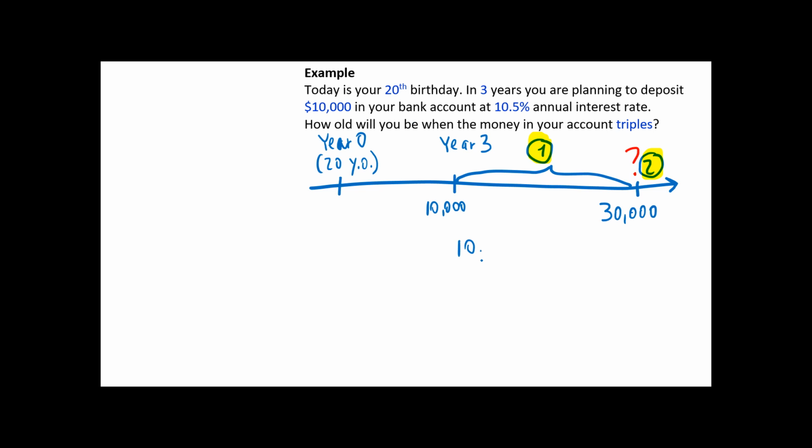So $10,000 times 1 plus the interest rate, which is 10.5%, so 0.105, raised to the power of the number of years, which is what we need to calculate, and that should be equal to $30,000, right?